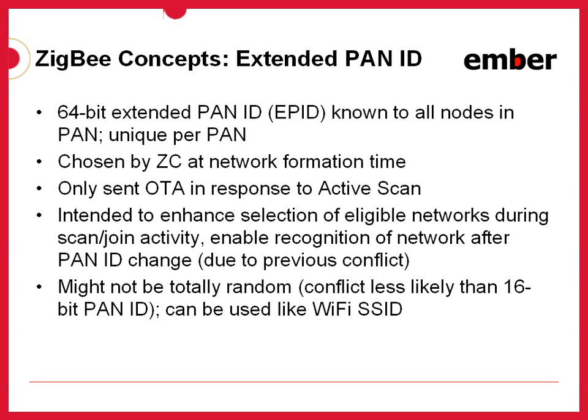But just don't limit yourself too much, because the more you limit this, the more likelihood you have of a conflict. And if your extended PAN ID ever conflicts, there's really nothing you can do to fix that, because the extended PAN ID must be unique between two networks. Okay? So it's a little like a Wi-Fi SSID, except those can be the same between networks, and this can't.